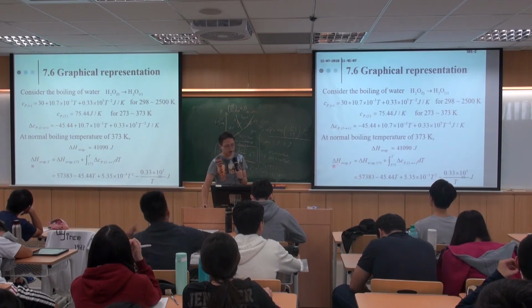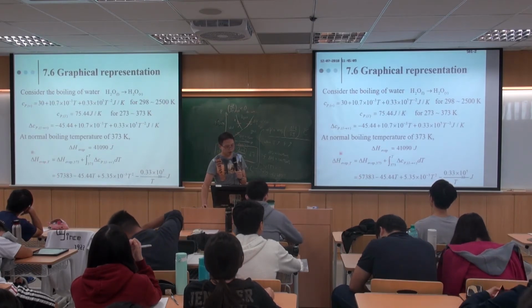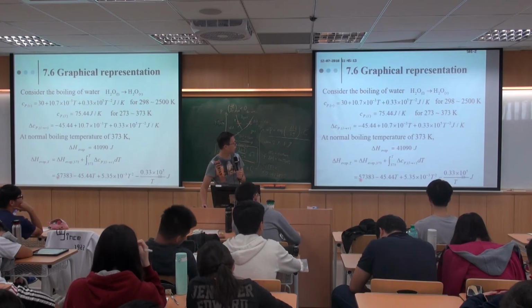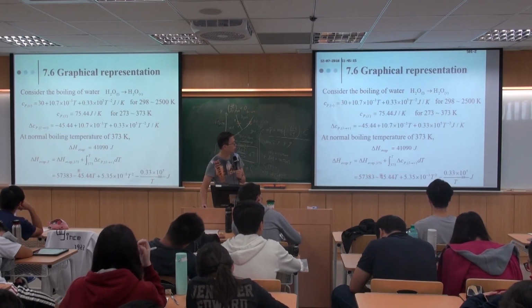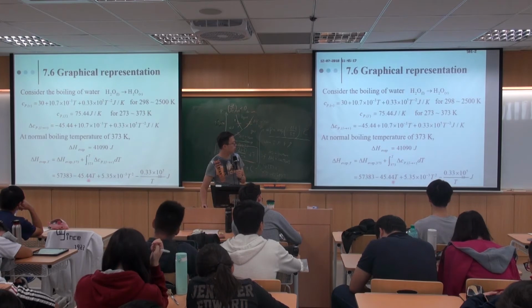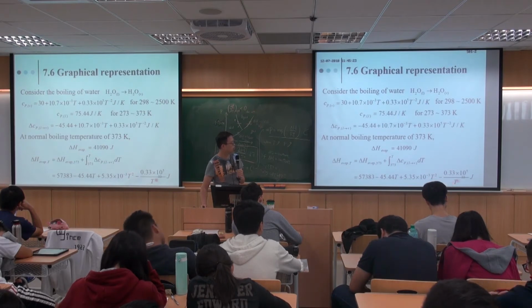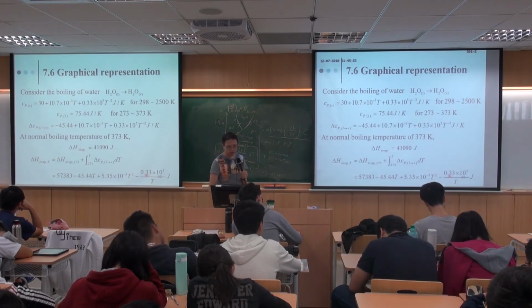And eventually you have delta H evaporation of water as a function of temperature like this. Again, you have a constant term. You have one term that is linearly dependent on temperature, a term in the square of temperature, and also 1 over temperature. So this is very, very typical.